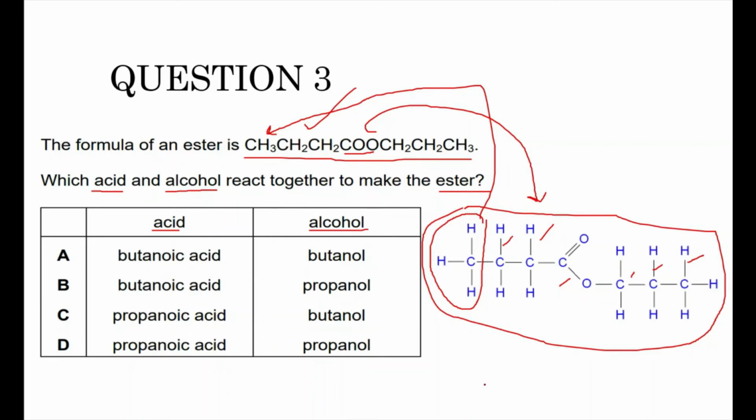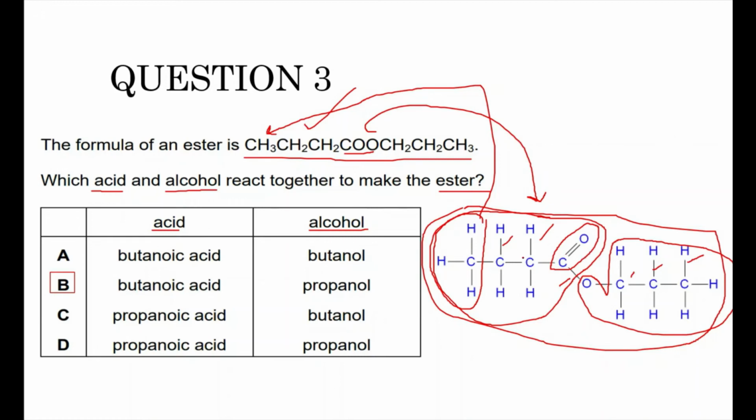Now always remember one thing: the side which has CO with it will be the acid. Now this whole left side has CO with it, right? This right side has O with it, right? So the side which has CO linked with it will be the acid.